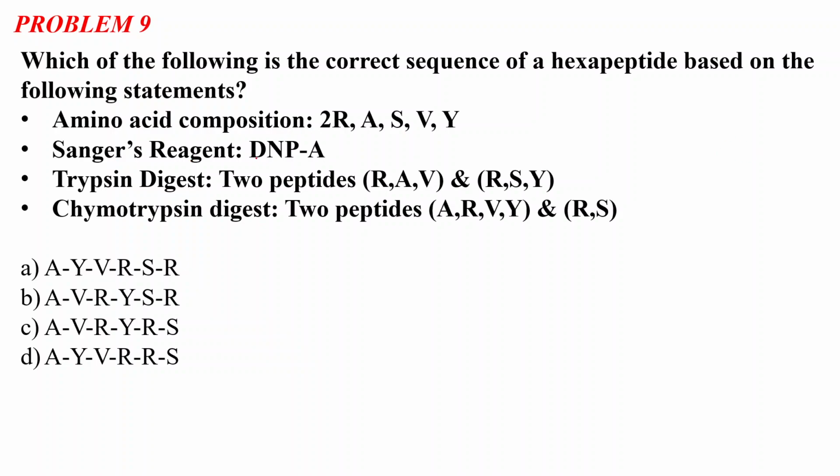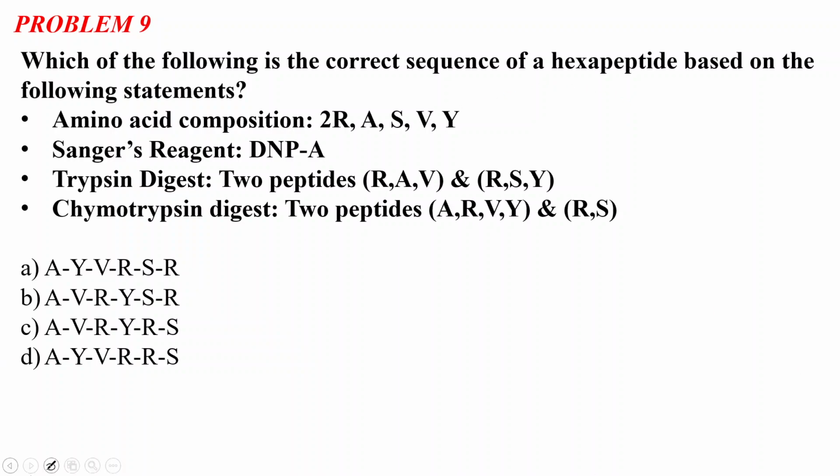Now we will discuss each and every point, and try to correlate with the structures which answer is correct and which is not. The first thing given is the amino acid composition: 2R, meaning two arginines, alanine, serine, valine and tryptophan. Sanger's reagent treatment gives DNP-A. I have told you in the previous slides that Sanger's reagent tags the N-terminal amino acid.